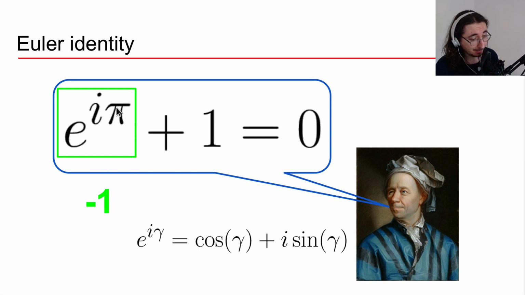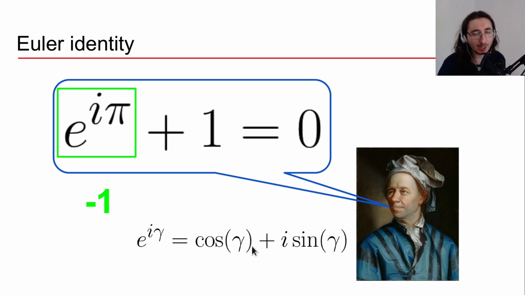If we plug pi into this formula, we'll see that cosine of pi is equal to -1, plus i times sine of pi, and sine of pi is equal to 0. In other words, we are adding up -1 plus i times 0, which is 0. So all of this gives us back -1. So it checks out. That's great.